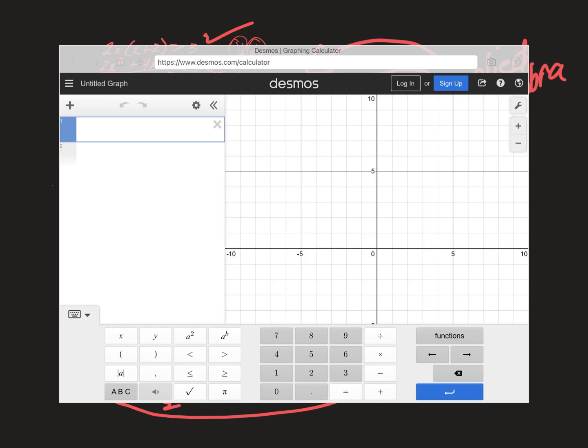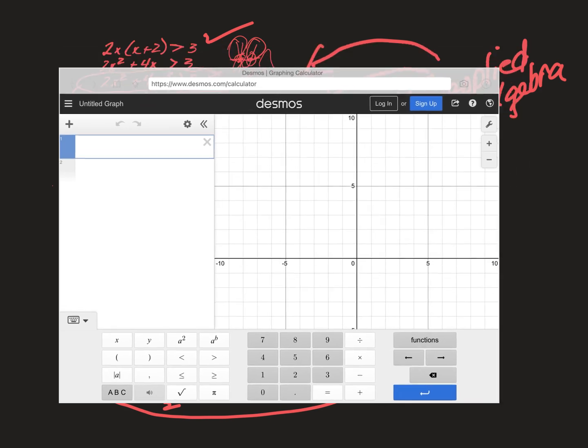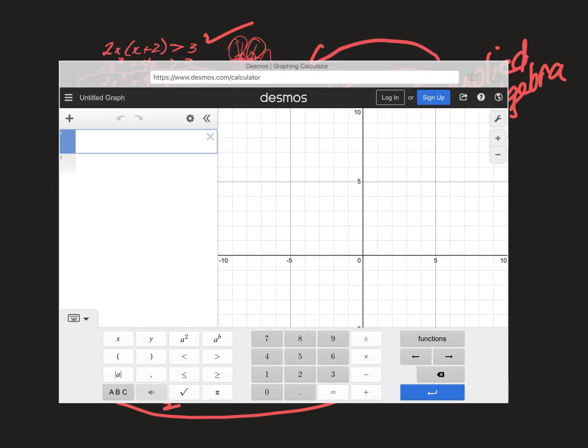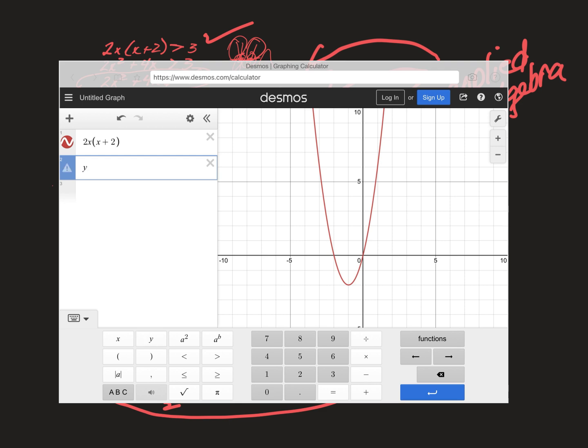And we're going to do the original. The original problem was 2x times x plus 2 is greater than 3. So we'll try that. 2x times x plus 2. And then we want to put y equals 3, because you can't just put a number there. You have to make it y equals 3.